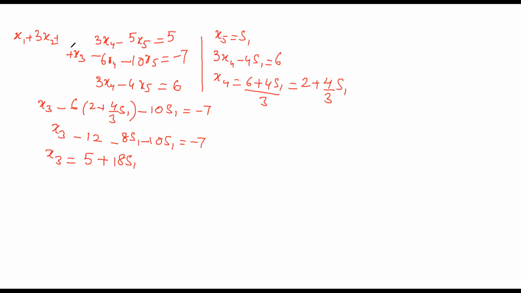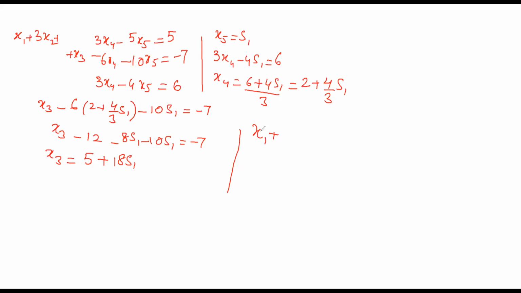Okay, so now we know the values of x3 as well. So now we only have to deal with this first equation. We know the values of x3, x4, x5. But in this first equation, we have two unknowns, x1 and x2. So we have no other choice but to assume the value of x2 to be another free parameter. So in this case, we can choose the value of x1 to be s1, or it's our choice.